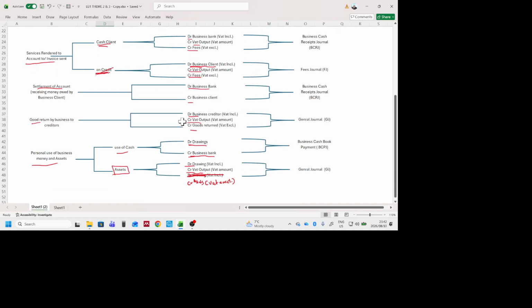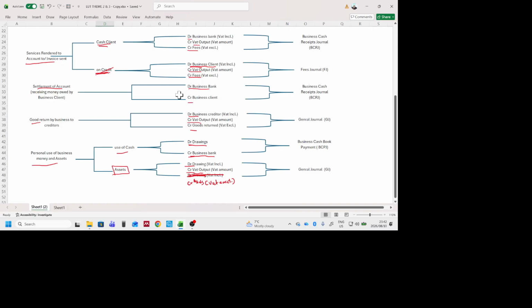And then when you receive money or claim money from the trust bank account, or when you receive money from the customer to settle the account, you're going to debit business bank and then credit business client, to indicate that the money being received in our business bank account is from this client, and therefore this client account is being reduced by this amount because the client will no longer owe us, as they have just settled or paid us for the goods or services that we've rendered to them before.